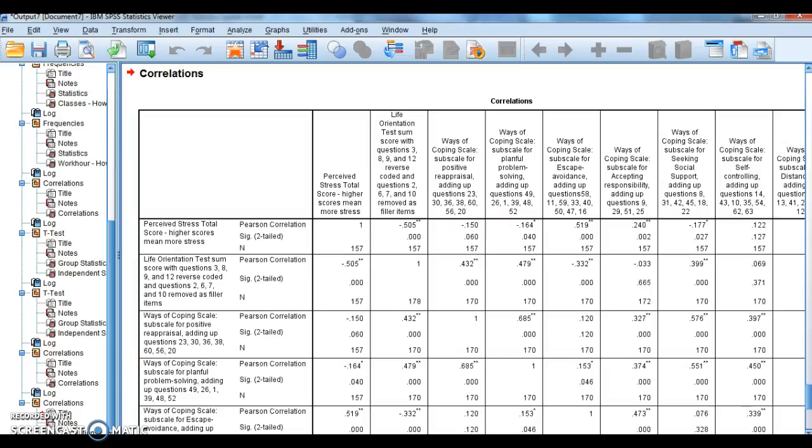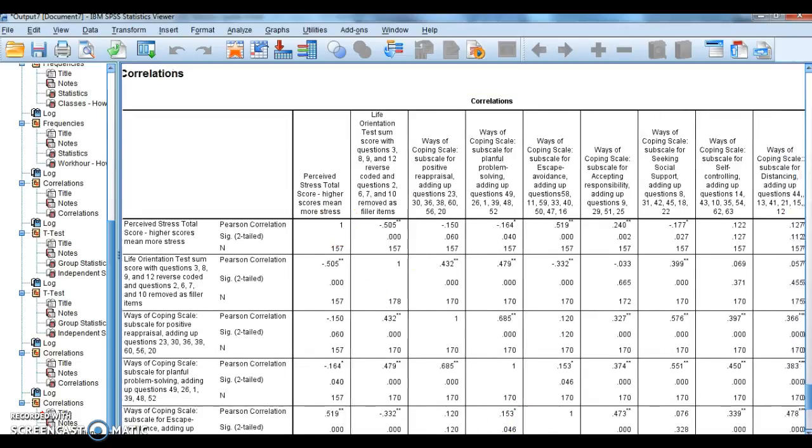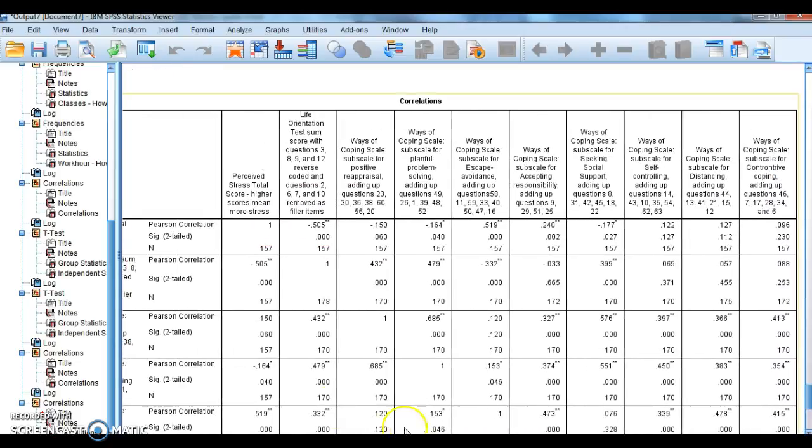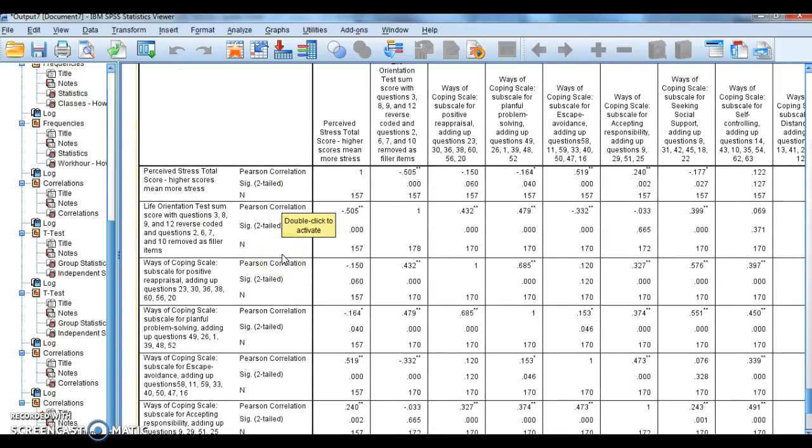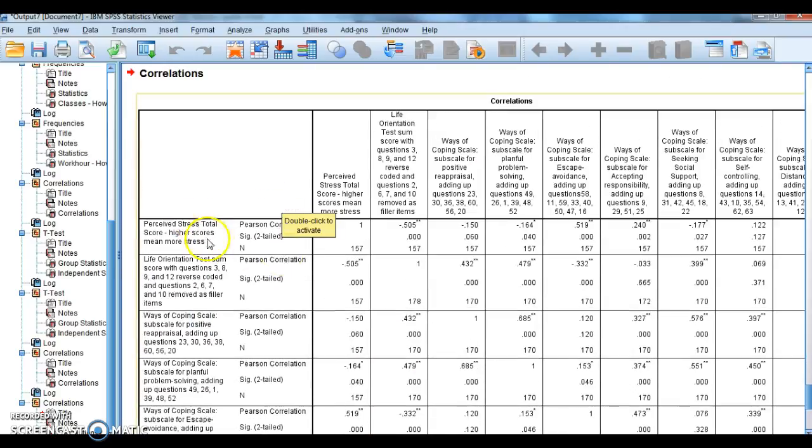But just to help you see a correlation matrix, you're going to see that it's repetitive, that this top triangle is going to be the same as the bottom triangle. So look, these are the same, and these are the same, and these are the same. We are interested in, do people with higher perceived stress, are these the less optimistic people?